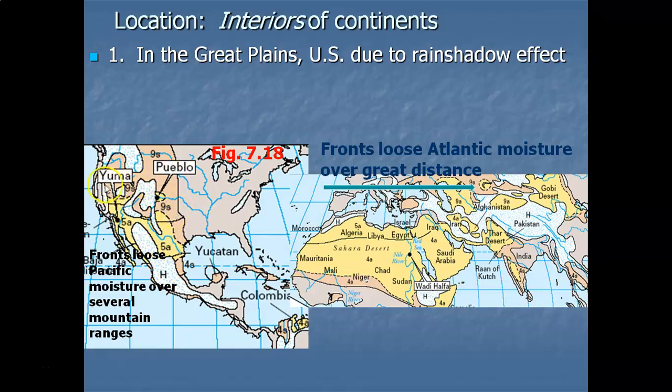Now, in the United States, why the fronts are dry, if you think about them, they're coming in off the Pacific Ocean in the westerly winds. And what we have in the western U.S. are a series of very tall north to south trending mountain ranges. And they're affected by the orographic precipitation and the rain shadow effect, orographic and then rain shadow.